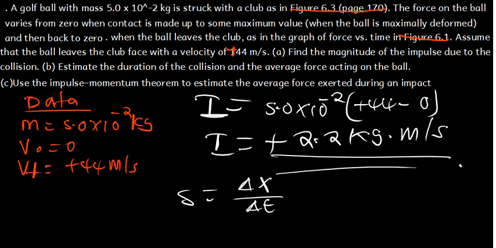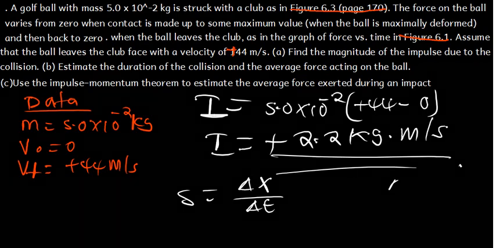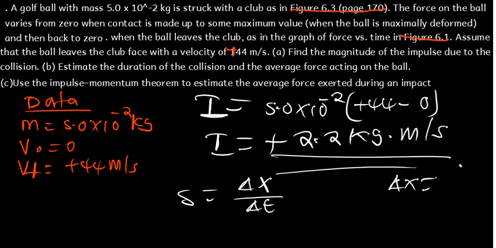I'm just estimating, so let's say our change in distance is 3.0 times 10 raised to the power 2 meters. You can use any distance. So I want to find t. My change in t will be equal to the change in x divided by the speed, and the speed we have is 44.